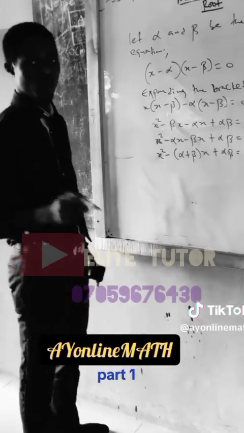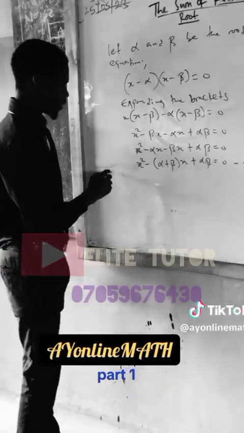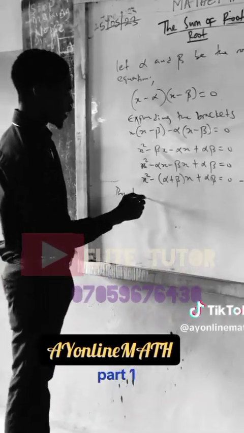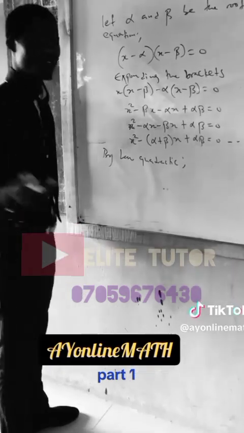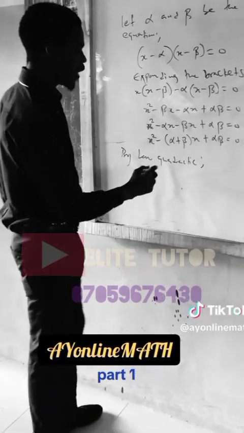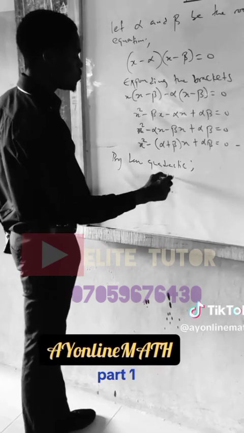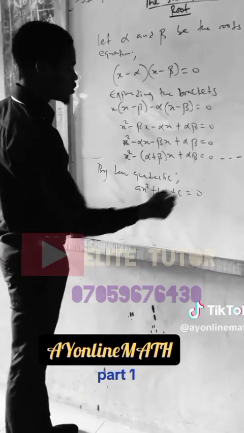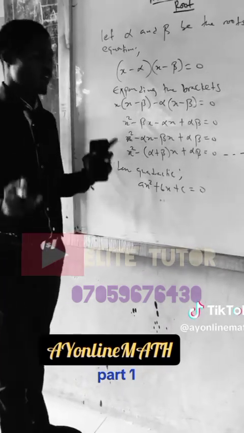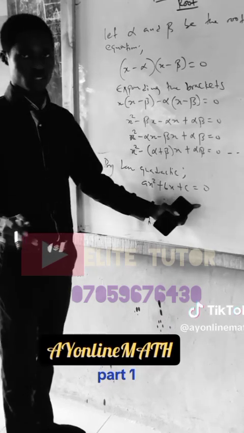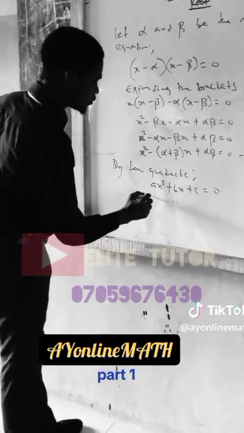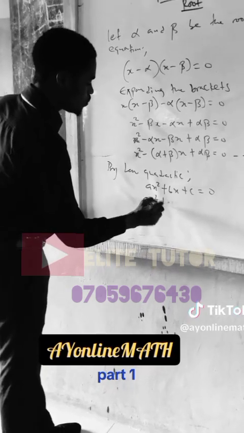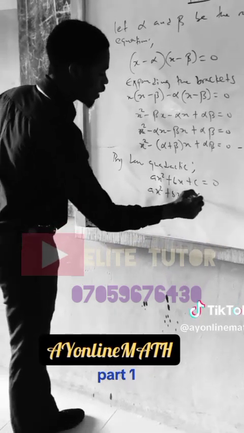If you remember very well, by the law of quadratic, when we were proving the completing the square method, we have ax squared plus bx plus c equals 0. Whenever you have the quadratic equation, it goes like this: ax squared plus bx equals minus c.